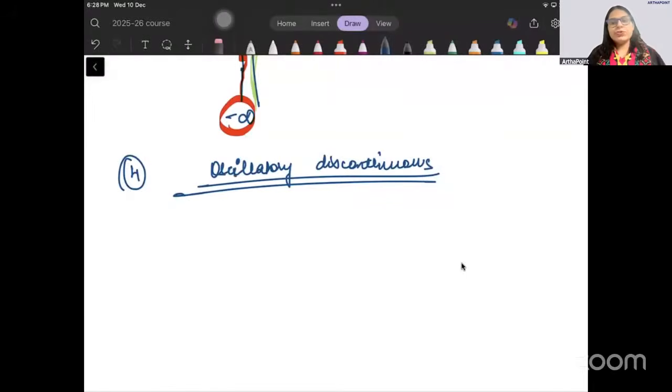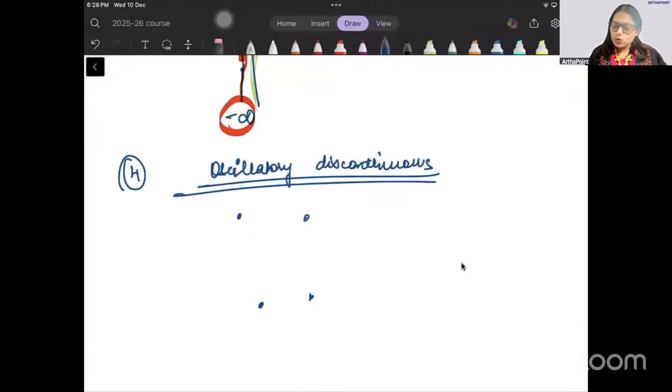Oscillatory discontinuity is when the function is oscillating between two values. It goes towards -1, then 1, then 1, then -1. Right. So it is between two values only, but we cannot tell which value it will approach. The limit does not exist because we don't know which value it will go towards. So these are basically your oscillatory discontinuities.